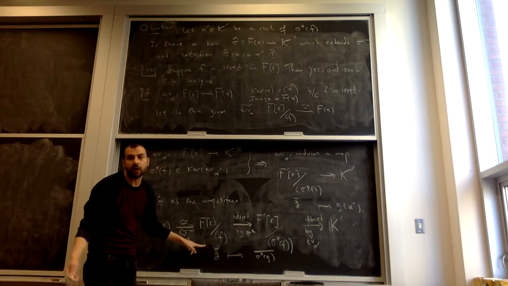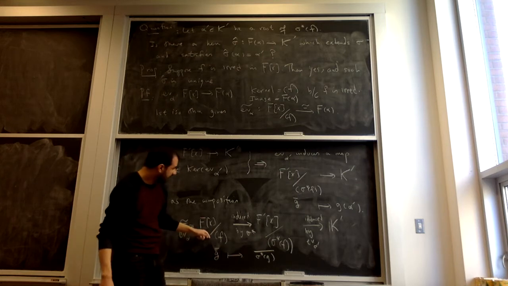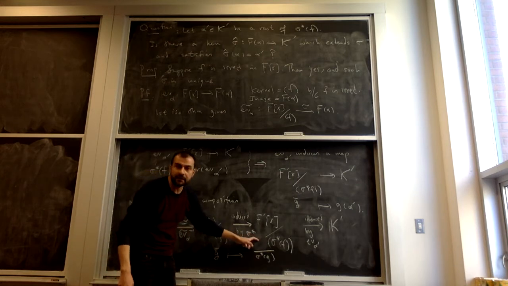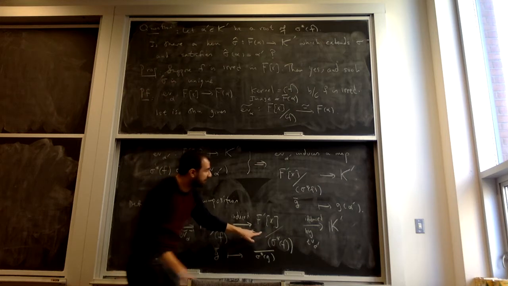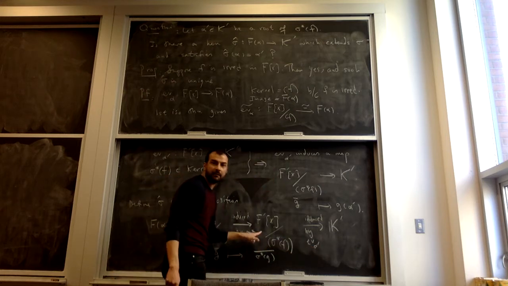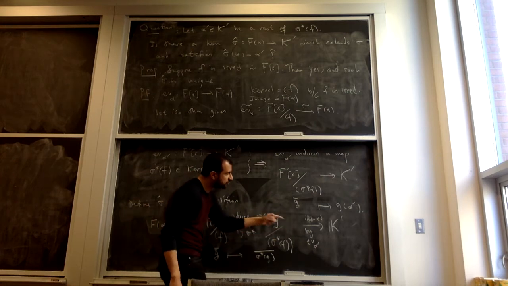It just sends x to x, right? It applies to the coefficients. So it sends x to x. So here, now you're looking at again the image of x in this quotient. And applying evaluation at alpha prime would send x, or the image of x in this quotient, to just alpha prime.